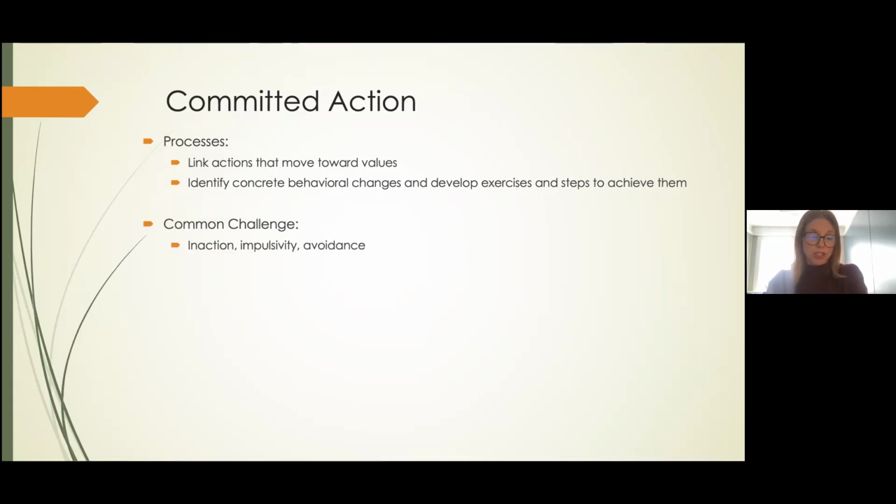Some of the common challenges that we could watch out for are things like inaction, avoidance, or even impulsivity. That is, people just acting without clear planning or organization around what they're doing. We probably notice that this comes up in a lot of different ways in therapy.